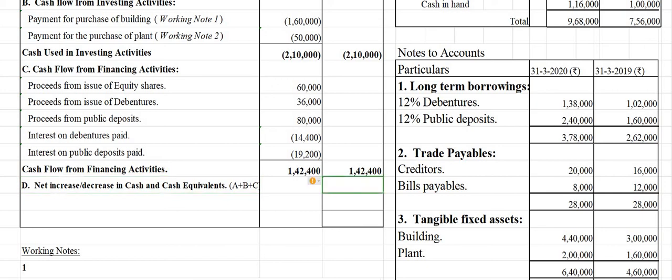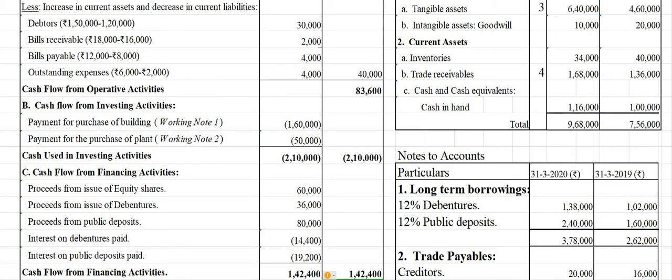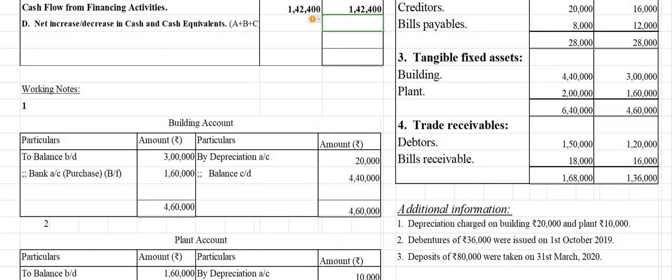So cash flow from operating activity is 83,600 and financing activity 1,42,400. We add all the plus amounts and deduct the minus amounts. So for net increase or decrease in cash flows, we will get 16,000.